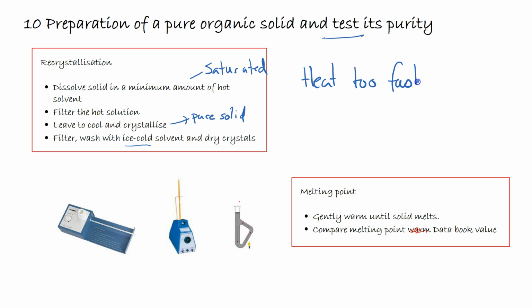We have to heat slowly, because heating too fast can lead to heating past the melting point and ending up with inaccurate results, which is not of any use when we're trying to check the melting point.